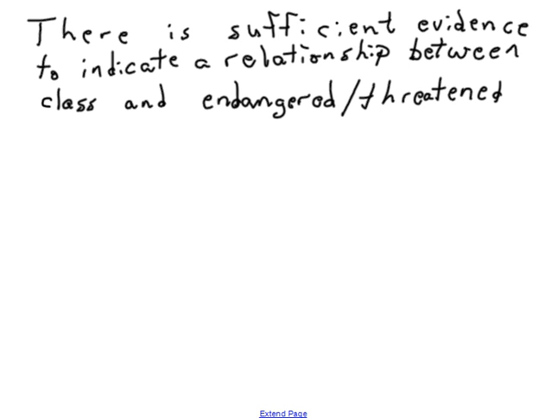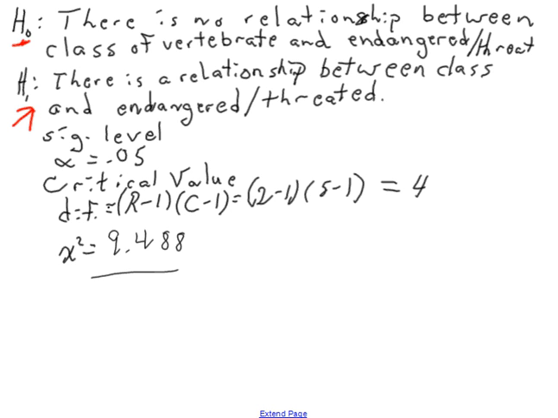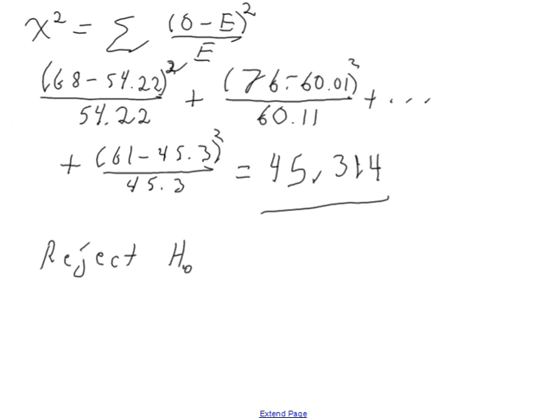And just going back with a little recap: hypothesis, there is no relationship for the null. There is a relationship for the alternative. Remember, your degrees of freedom are based on row minus 1 times column minus 1. Your test statistic is that chi-square, sum of the observed minus expected squared over the expected.